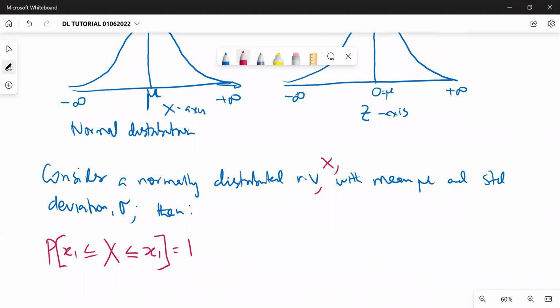So this can also be written in the form of z. Where there is x, you replace it with a z: z1 less or equal to z less or equal to z2.